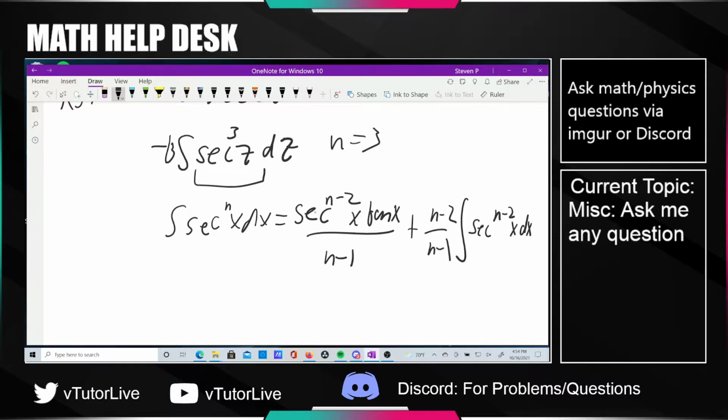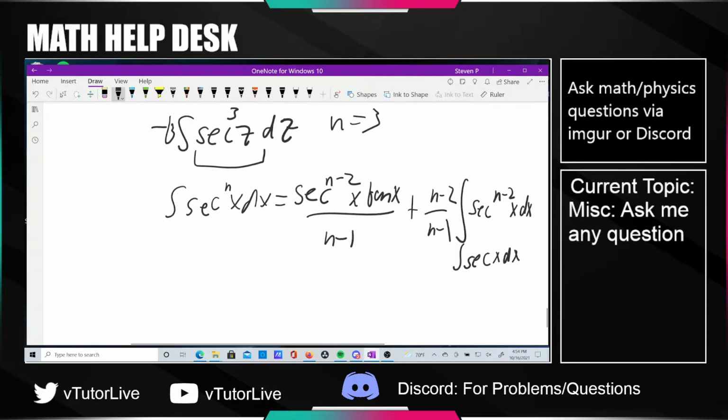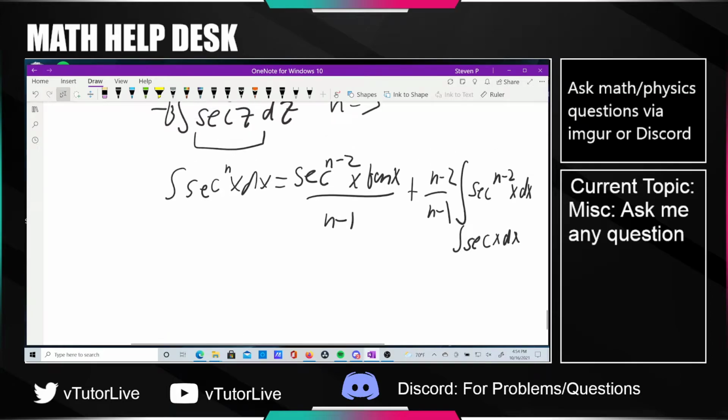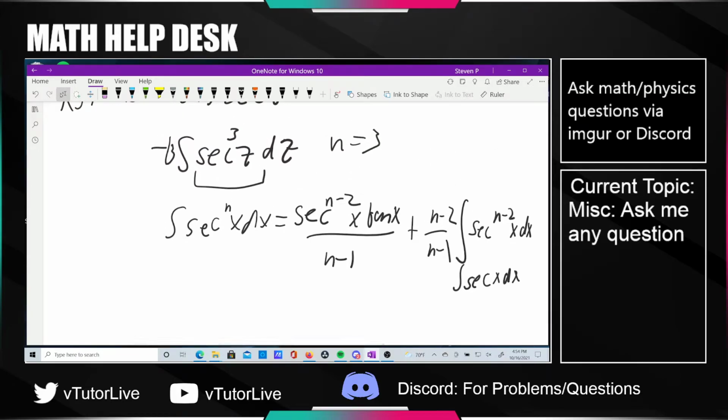So this turns into secant of x tan x divided by 2 plus 1/2 integral of secant x dx, right? And this will turn into just the integral of secant x dx. And I believe this should be a very standard integral that you can look up somewhere. But yeah, it's honestly a bit of a pain, and I think more trouble than it's worth.